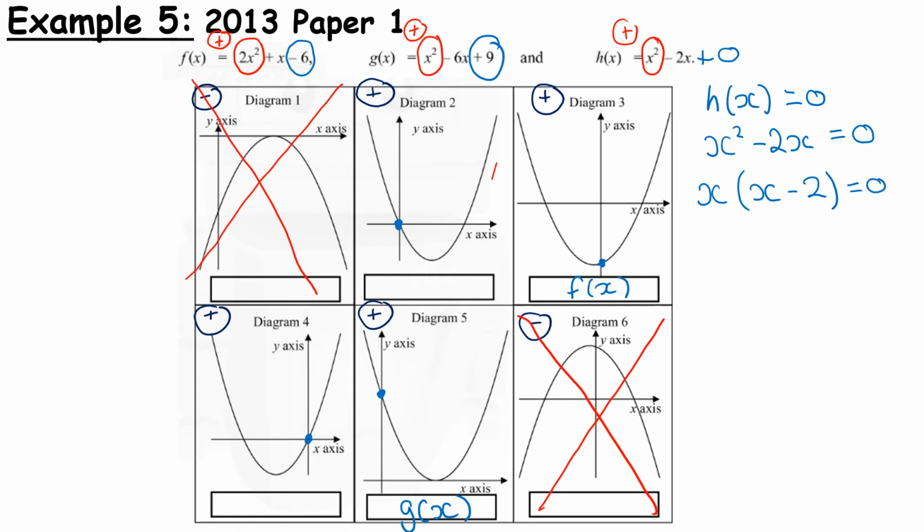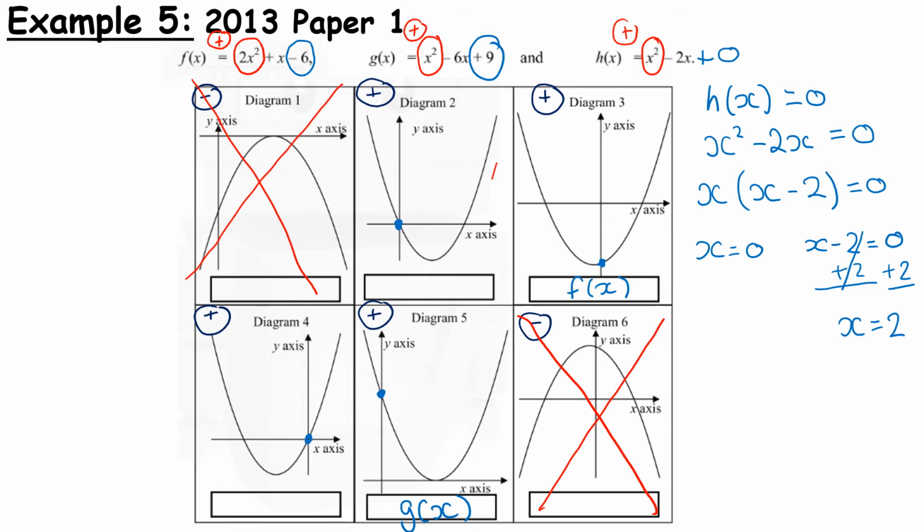Our zero product property tells us that either x equals 0 or x minus 2 equals 0. Remember, any two numbers multiplied together giving an answer of 0, one of the numbers must be 0. So I'm going to add a 2 to both sides, and I'm left with x equals 2. So for h of x, the two roots are x equals 0 and x equals 2.